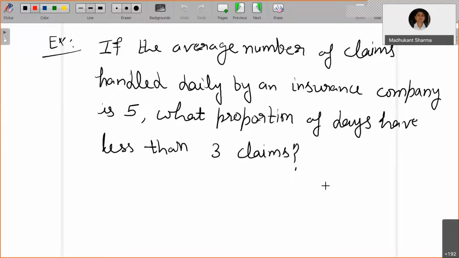It is going to assume that the probability of making a claim on any given day is very small, a very small chance that a certain customer will make a claim.